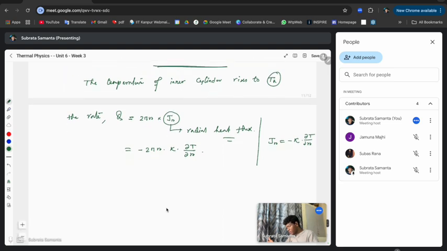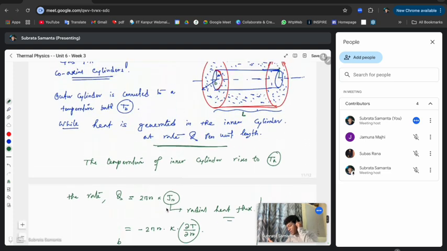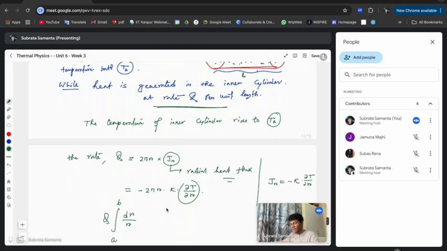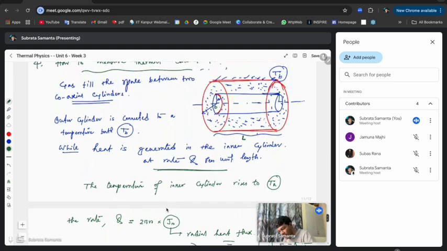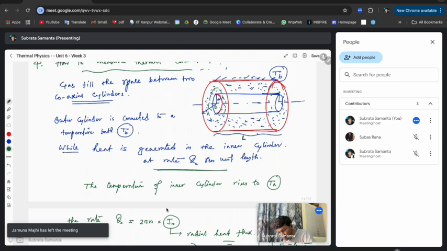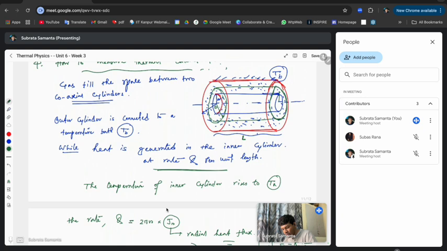Now I have to integrate this because this is a derivative. So Q dr over r, I have to integrate from A to B, because the inner radius is A and the outer radius is B, at some arbitrary radius r.